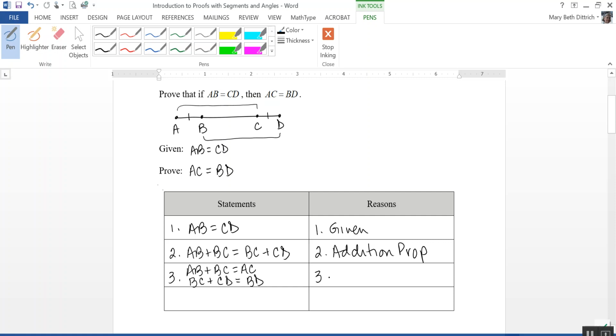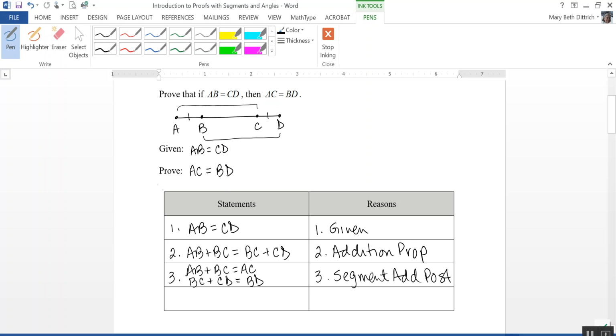And this is something that's called the segment addition postulate. Segment addition postulate says that if I have two smaller segments that are right next to each other, when I add their lengths together, it's the same as the length of the larger segment. At the end of this video, I'll go over that in more detail with you.